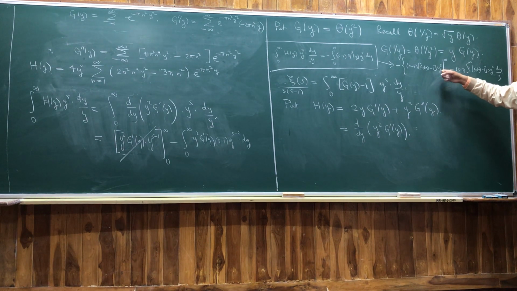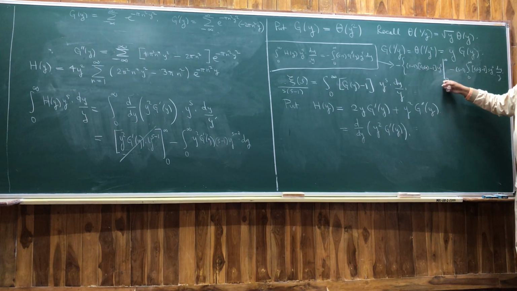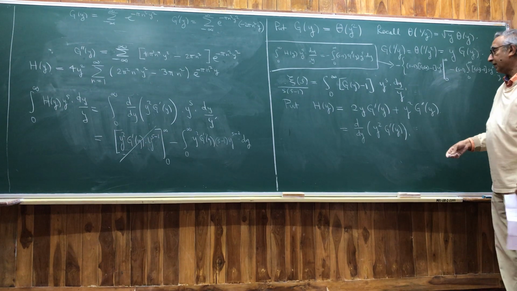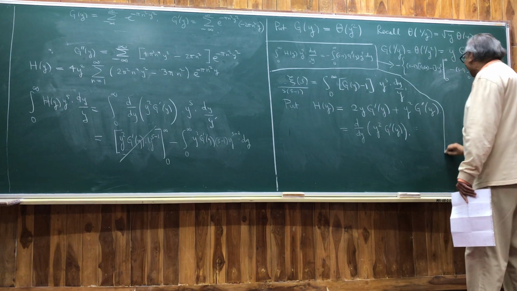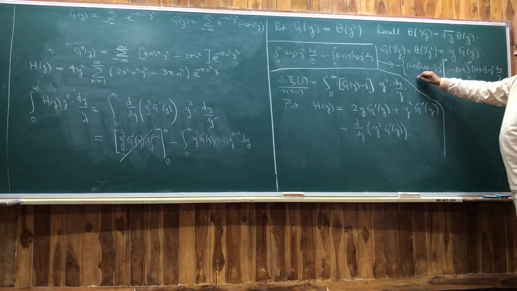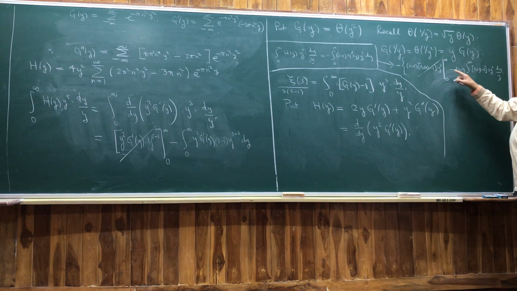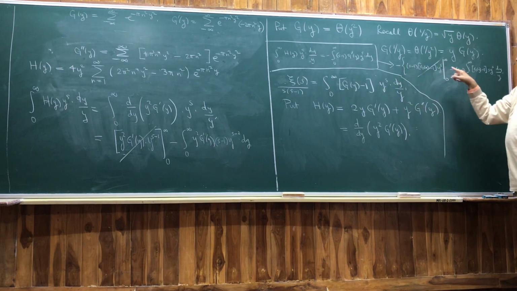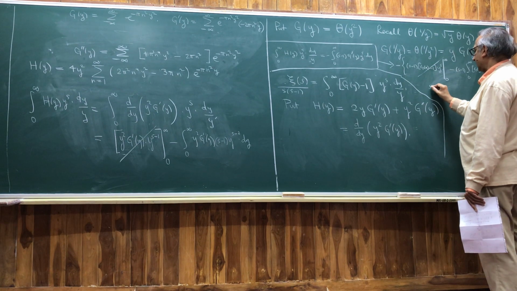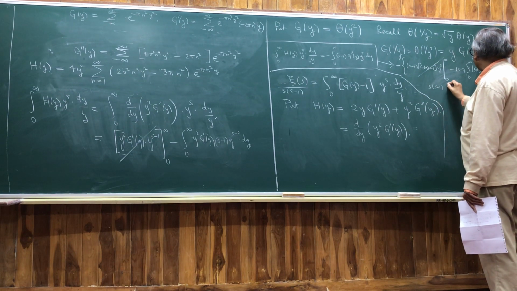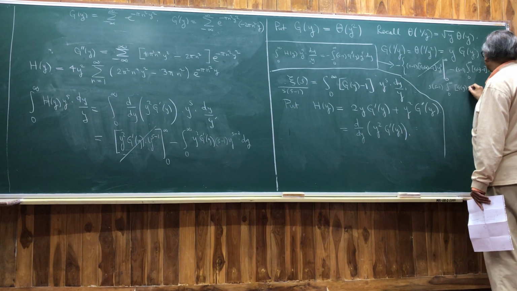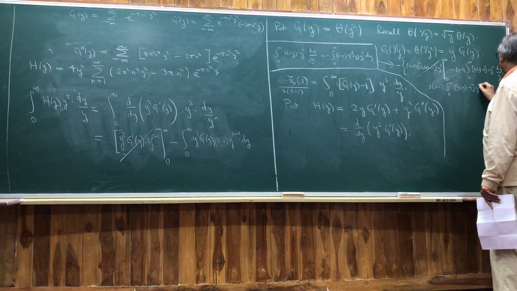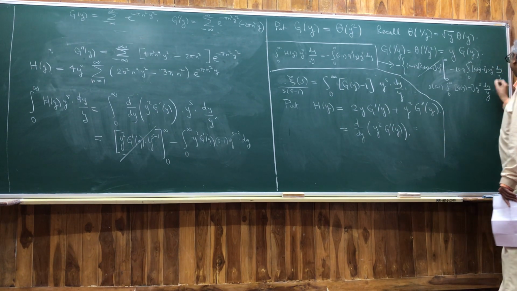So now, because it's g of y minus 1, again, I plug in infinity, this disappears, and at 0, it disappears. So this whole thing disappears. I'm trying to keep this on the board, okay? So this disappears. There's a minus sign outside, minus sign here, so I end up getting s minus 1, integral 0 to infinity, g of y minus 1, y to the s dy over y.